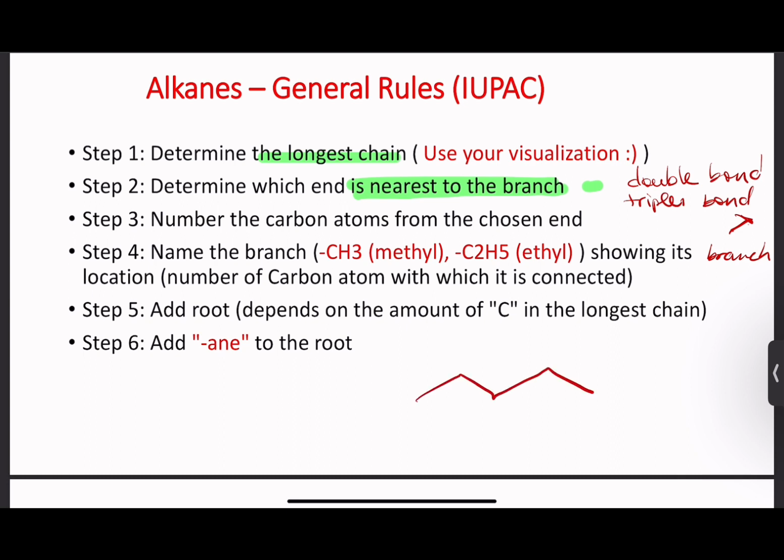So for example, if you have this guy in here, and then if you have a double bond here and you have a methyl group here, you would start numbering from the double bond, closer to double bonds. Okay, you wouldn't number closer to the branch because you will get the smallest number on branch. Because I told you here, double bond and triple bond has a higher priority than branch, you would number closer to the double bond or a triple bond.